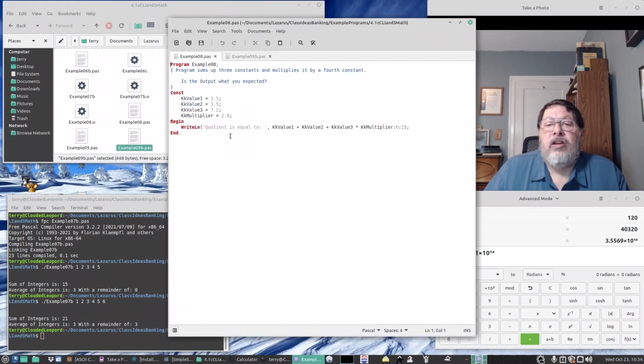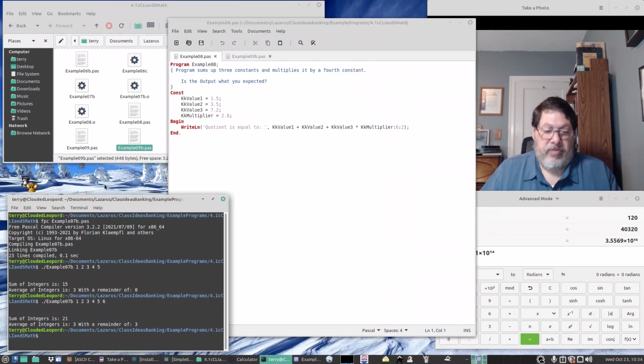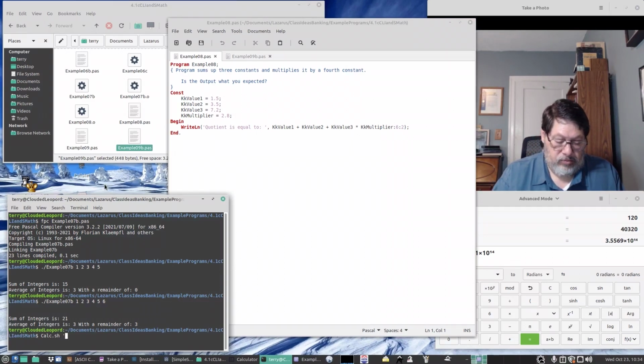Here we have written a tiny little program to add some constants together and then multiply it by another constant. We're adding 1.5 times 2.8.